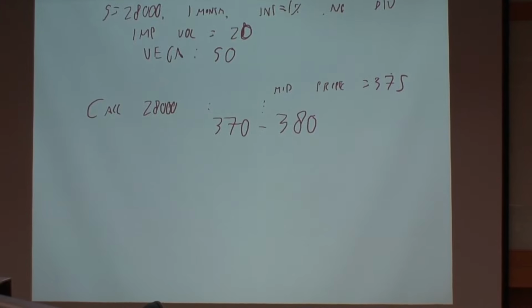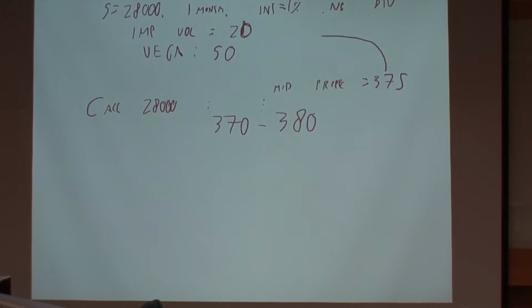So I know that applying a price of 375, I can get that out of my option pricing model if I enter volatility 20. Now the actual bid in the market is 370. The actual offer in the market is 380.